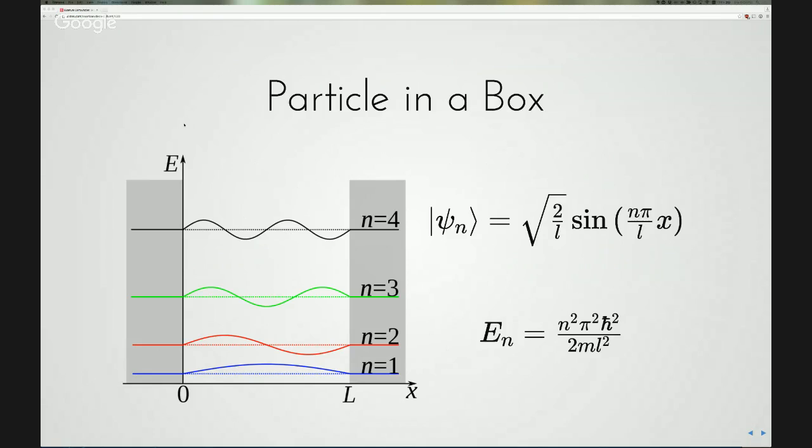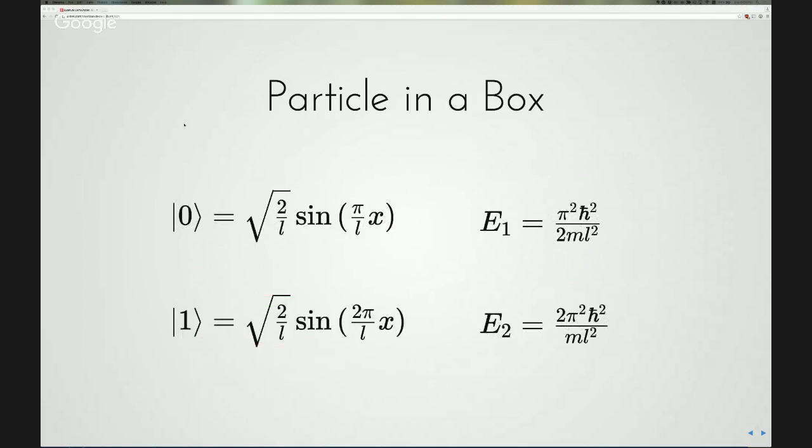If you put in n equals 2, it squiggles once, and you keep adding nodes as n keeps increasing. We're only interested in the 0 and 1 states because that's how we're going to encode qubits. So these are the eigenstates and the eigenvalues associated with them. The E's actually turn out to be energies because H is an observable for energy, as I mentioned earlier.